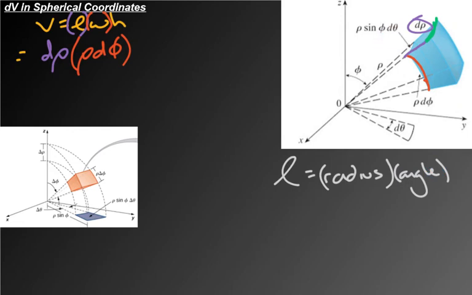The angle is going to be d theta, right? Because there's a change in theta down here. The radius is probably the trickier part, okay? And it's almost easier to look at it down here.